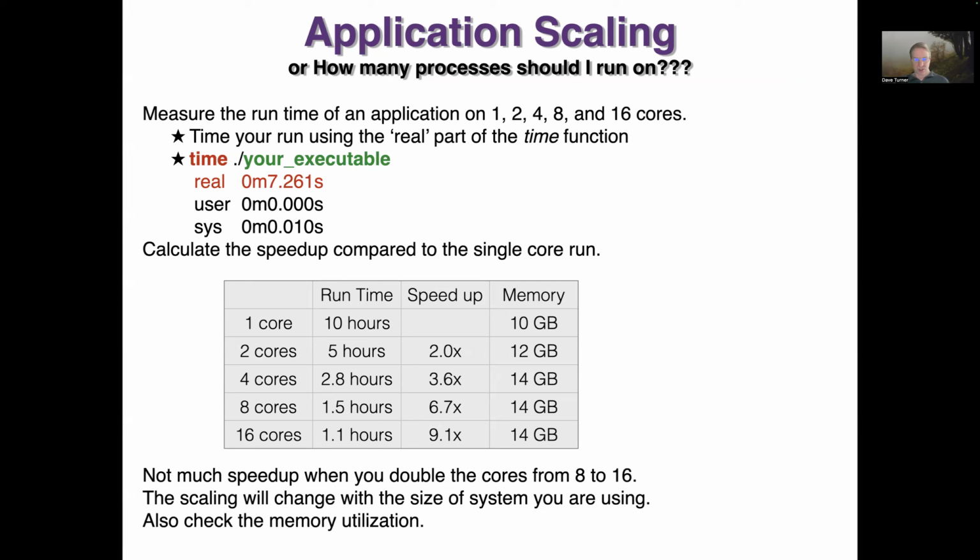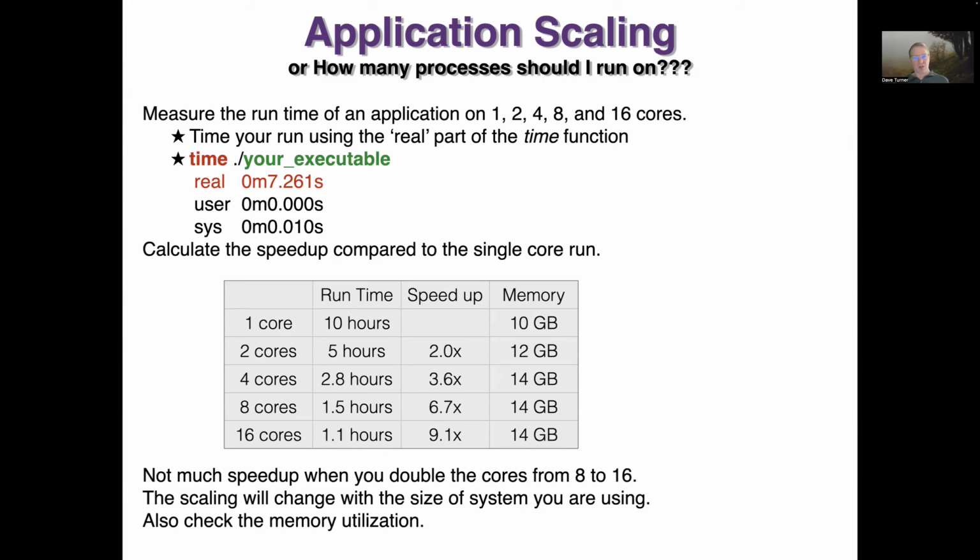So on 2 cores on this particular application, we get a 2x speedup, which is ideal. But when I go to 4 cores, I get 3.6 where we'd like 4, and so forth. On 16 cores, you can see that I'm getting 9.1 times speedup, where we would again like 16 times speedup, which would be ideal.